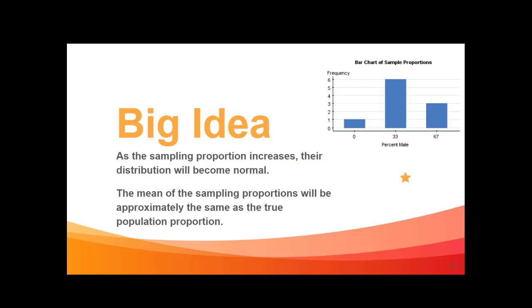Then that average that I've calculated using the sampling proportions will be approximately the same as the true population proportions. So that's what it says, the mean of the sampling proportions, the proportions that you took as part of your samples, will be approximately the same as the truth. The truth lies within the population proportion.